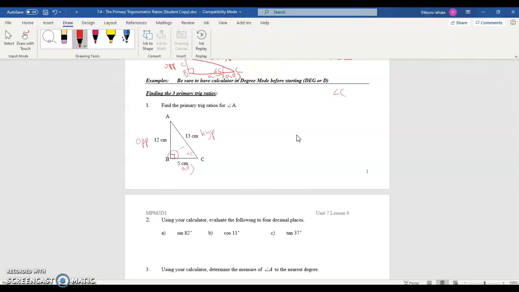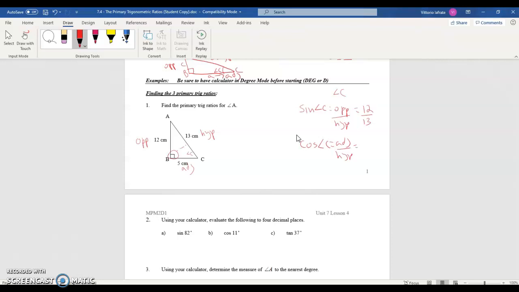And so if we want to find the sine of angle C, sine is SOH, opposite over hypotenuse, which would be 12, that's the opposite side of angle C, over 13. If we want to do cos of angle C, cos is CAH, adjacent over hypotenuse.